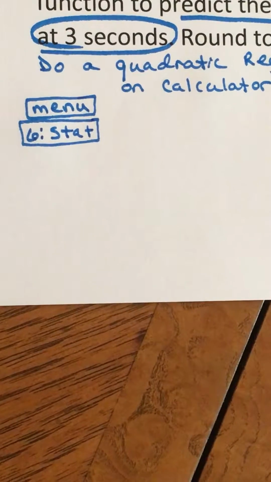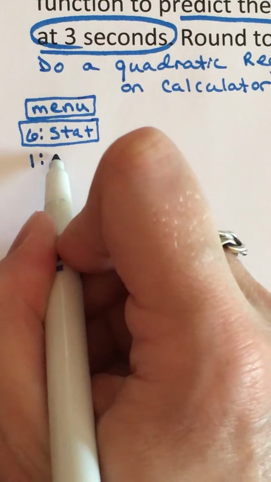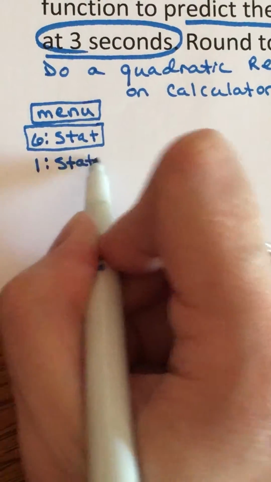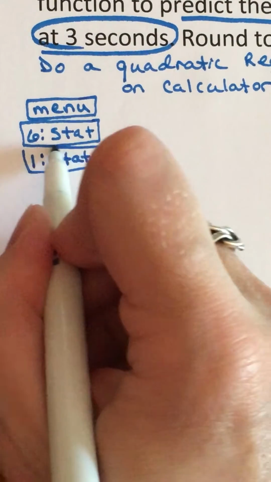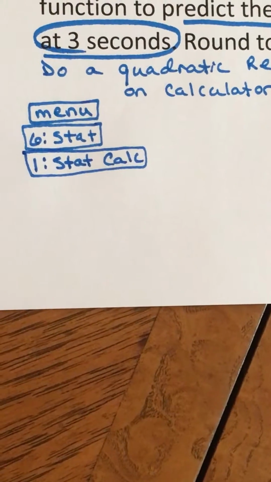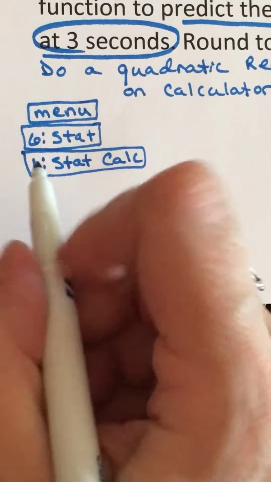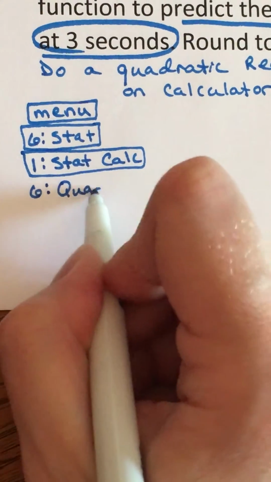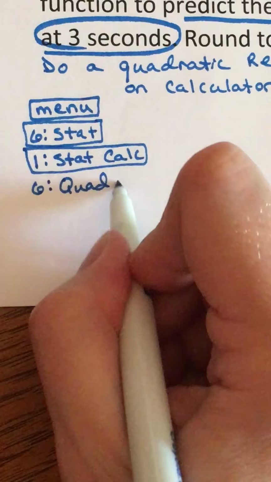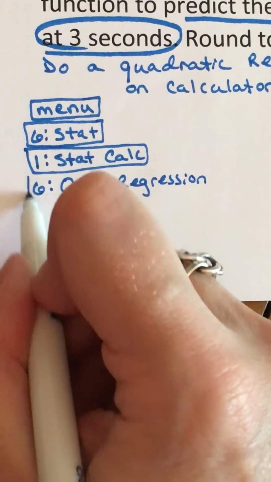It will open up another drop-down, and you are going to push 1 for Stat Calculations. Did you watch Dexter's Laboratory? According to my calculations. It opens yet another drop-down menu, and here is what we want. We're finally getting where we need to go. 6. It says Quadratic Regression. That's what we want.